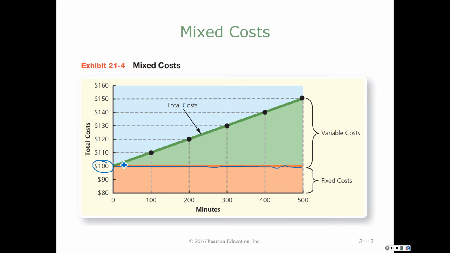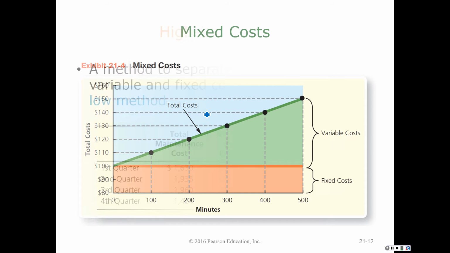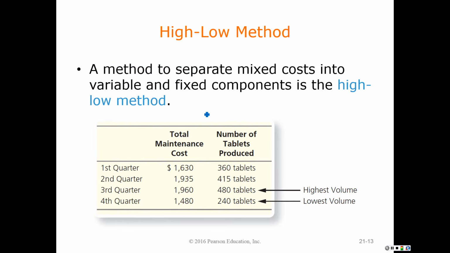But the more minutes we use, we're going to pay for those minutes, and the more minutes we use, the more we're going to spend. These are our variable cost. But when we combine variable cost and fixed cost, we have the total cost for our service for using those cellular minutes.